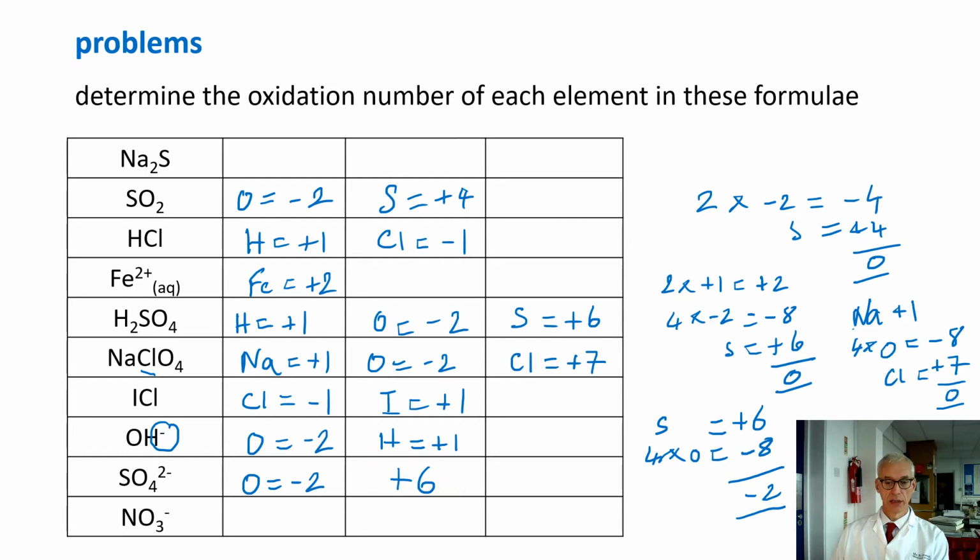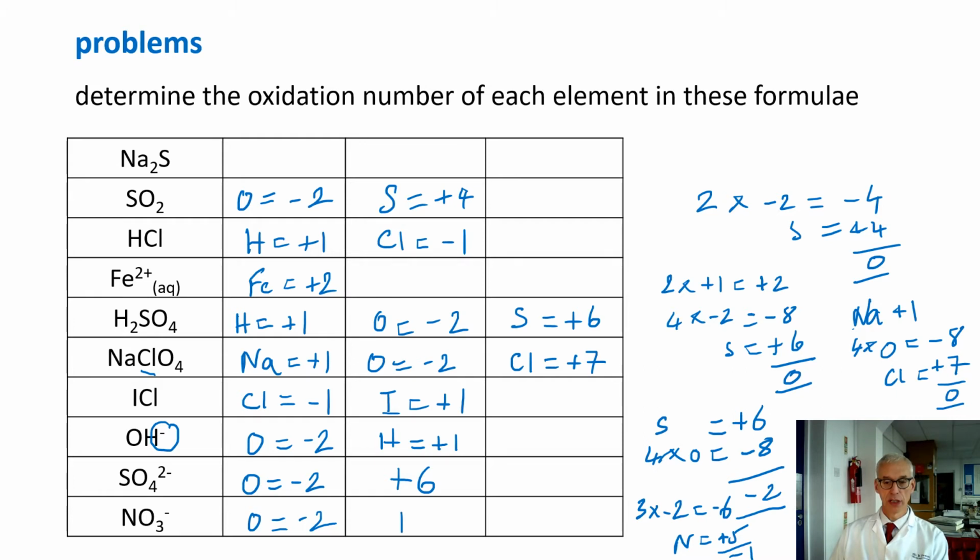Then finally, if we look at the nitrate ion, well, oxygen's always minus 2. So 3 times minus 2 is minus 6. And nitrogen must be plus 5 if it's going to sum to minus 1.